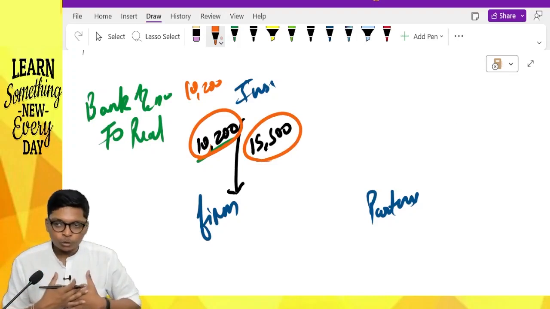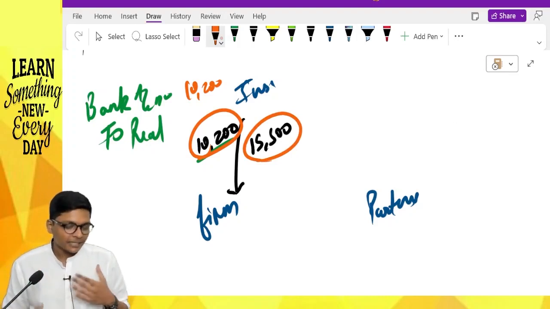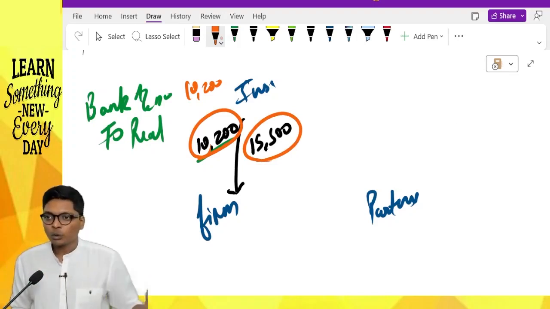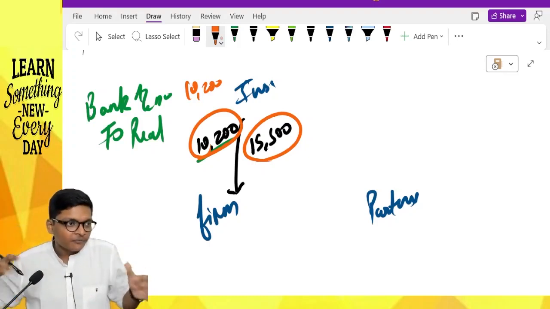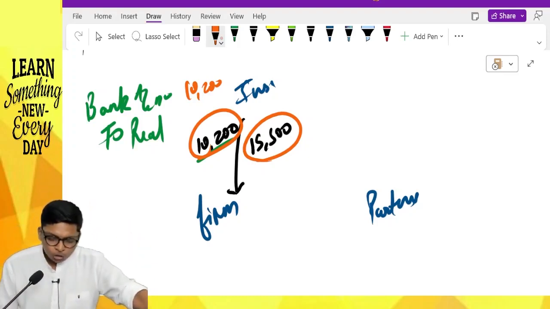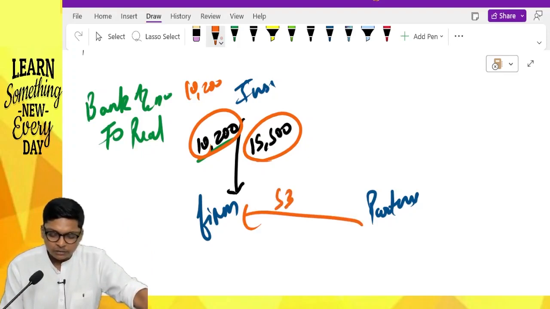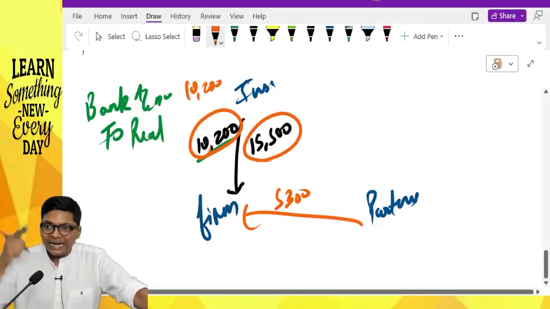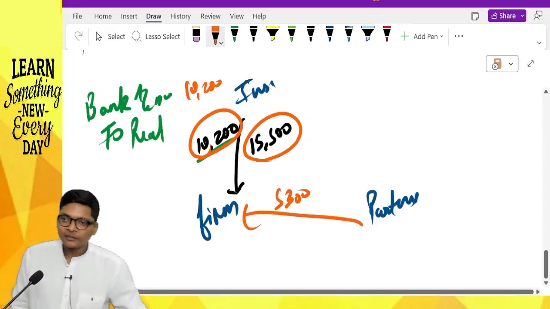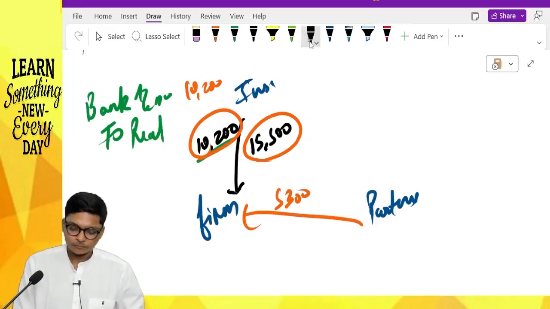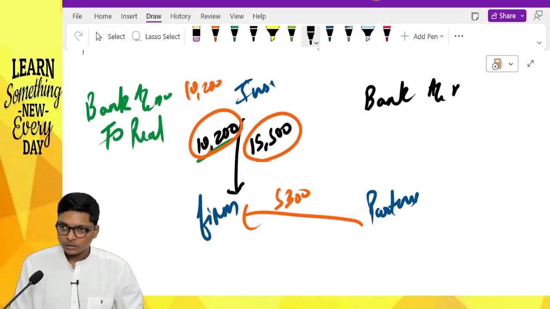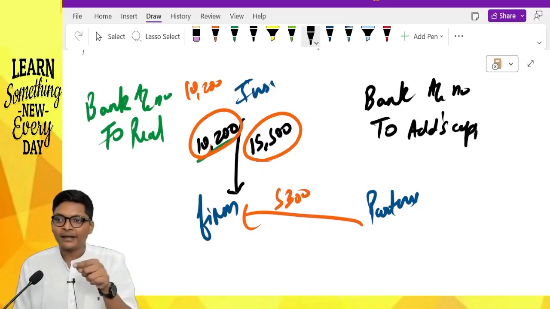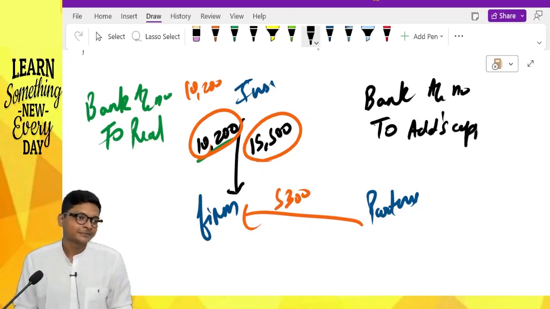See, it should have been 15,500, but it's only 10,200. As partners of the firm, will you be happy? Who should give me the other 5,300? Add took the loan for his personal use. Add has to give cash. So the entry will be bank account debit to Add's capital account credit, it's like him bringing in money.